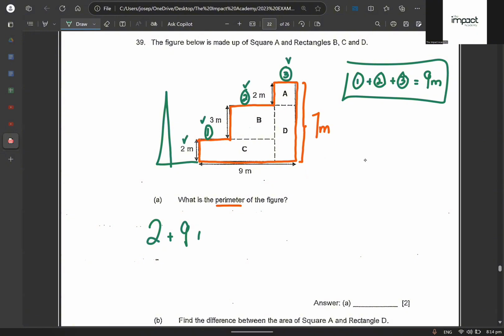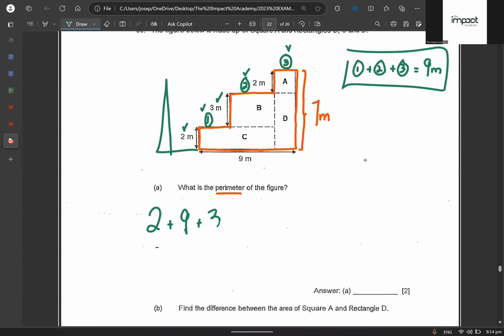Plus 3. Plus 2. Plus 7. Plus 9. Is this something that you can understand or you don't understand? Very good. So that's the reason why your answer for this question has to be 32 cm perimeter. Remember your cm.